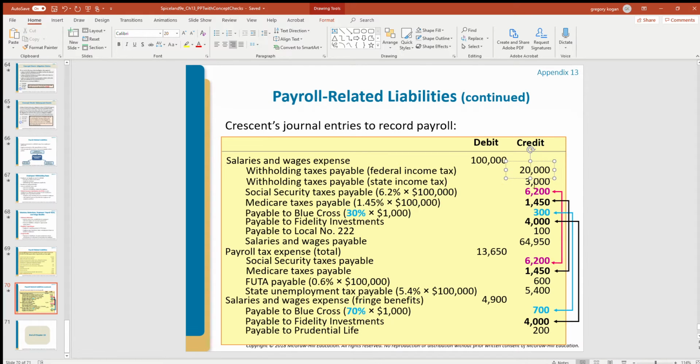So 23, then 6,200, 6.2% of 100,000, 1.45% of 100,000 is 1,450, 30% of the 1,000 is payable to Blue Cross Blue Shield, payable to Fidelity, that's for the retirement, the full 4,000, payable to local union on 100,000, salaries and wages payable, so that's going to be the net that they're going to remit.